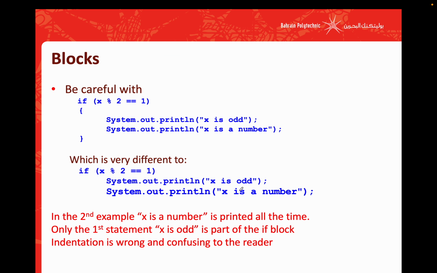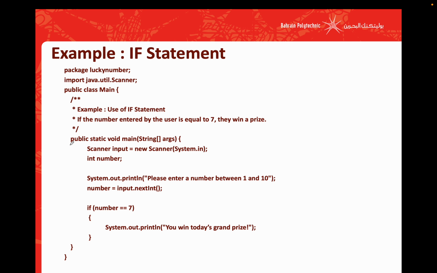Now, this is exactly what I just mentioned. As a beginner, I would recommend always using the braces here. It will make your life easier, because in most cases you don't get an error if you don't use the braces. Now, if you try to read this code, you're reading an input from the user, because you have a scanner class which is reading input, and you store it in the variable number.